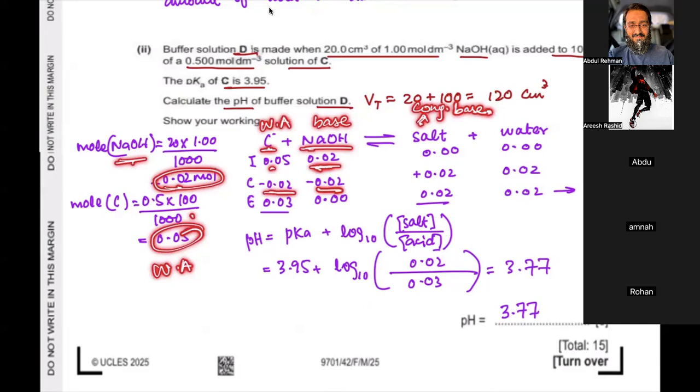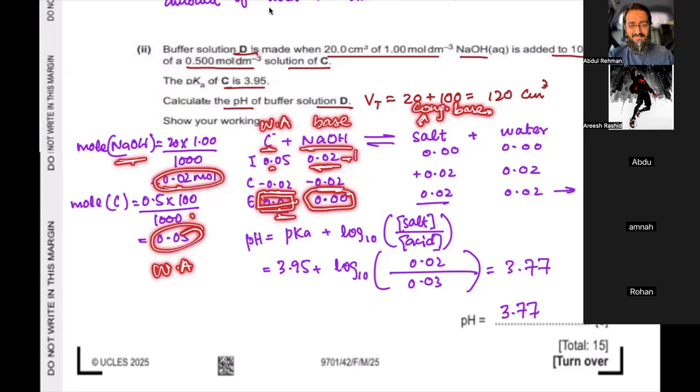Is this clear? So if these moles of NaOH are used up, and these are the initial moles, at the end there is no strong base left over because all of the strong base has reacted. Is this clear? But we got this much acid left over. That 0.03 moles of weak acid doesn't react, it is left unreacted, right?